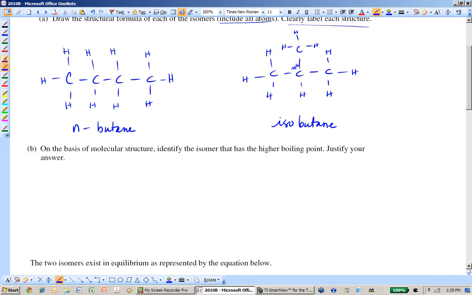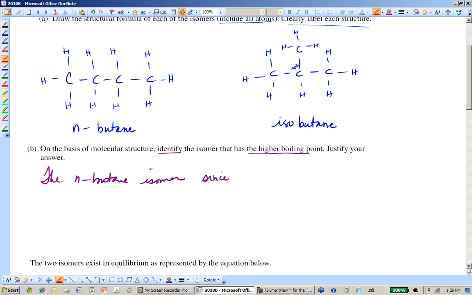So the N-butane isomer is my answer. On the basis of molecular structure, identify the isomer that has the higher boiling point. Okay, I've done that. The N-butane isomer.